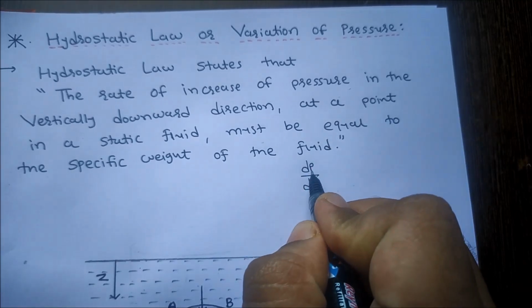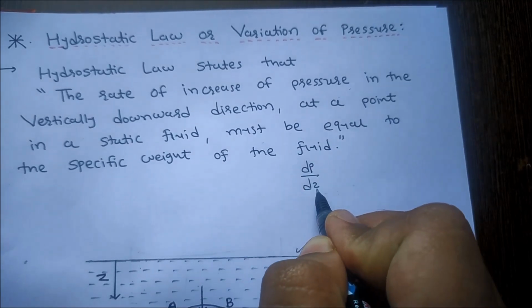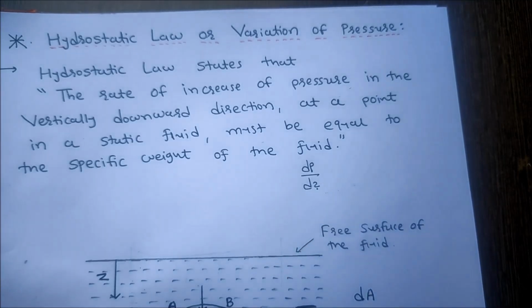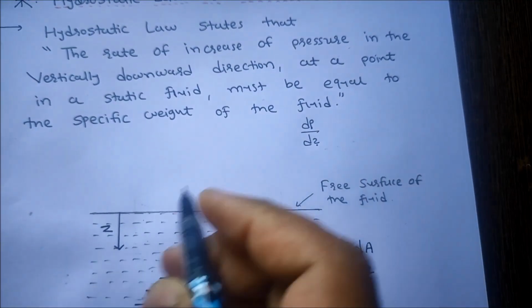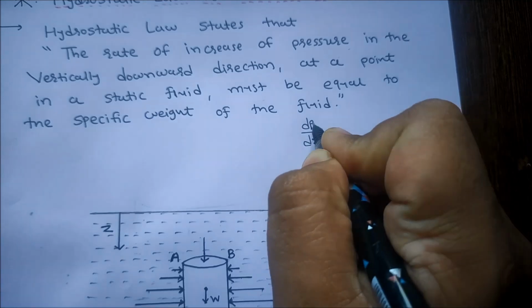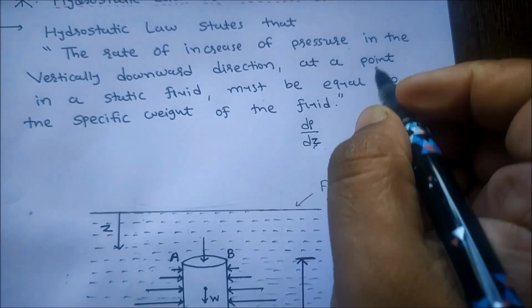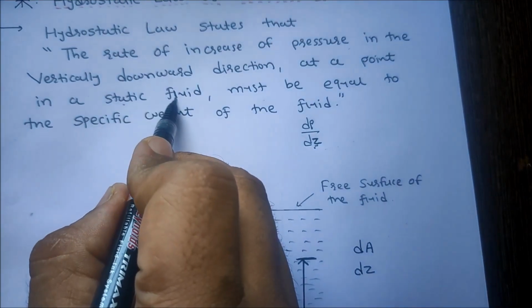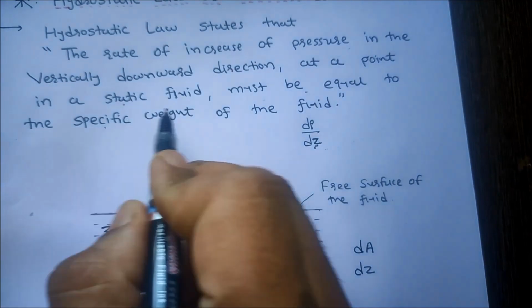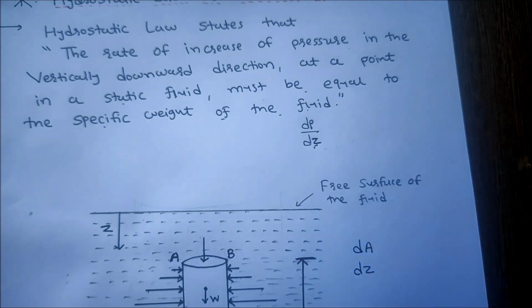Here we consider downward direction as Z. So the rate of increase of pressure in the vertical downward direction, dP by dz, at a point in a static fluid must be equal to the specific weight of the fluid.